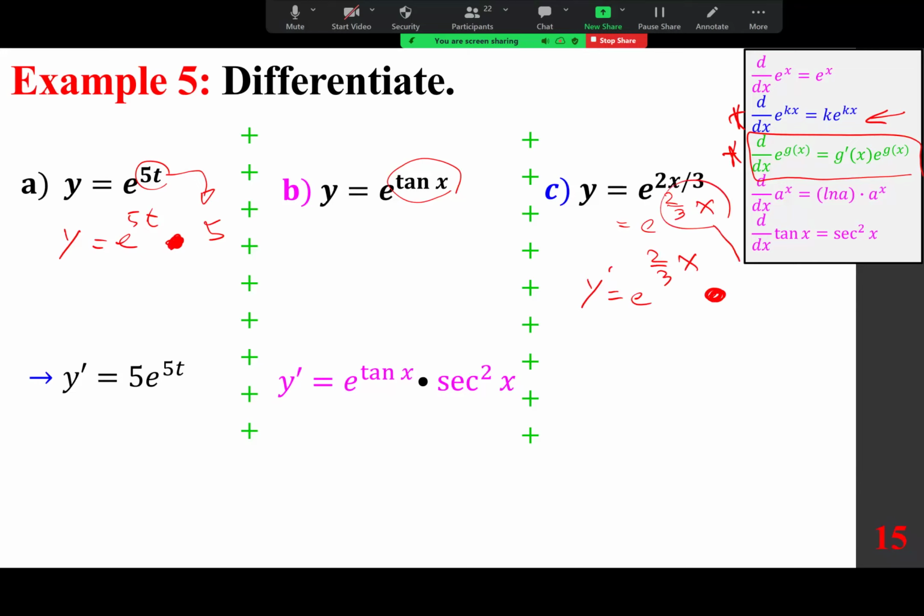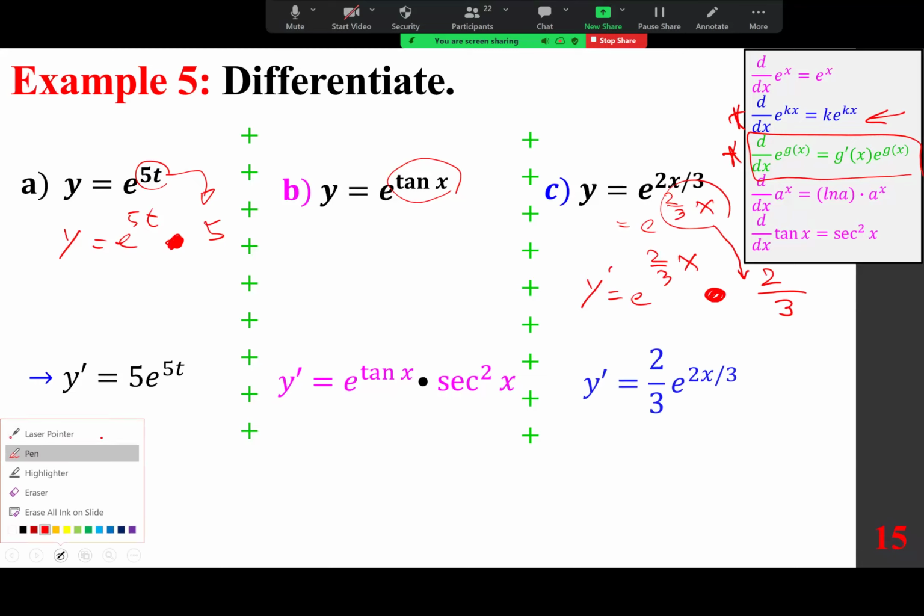The derivative of this is 2/3. You put it in front. Whether you use e to the power of 2/3 x or the same format, e to the power of 2x over 3, as long as you recognize the coefficient of x is 2/3, you're fine.